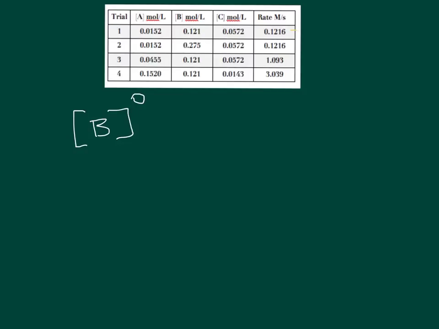In fact, if we examine the rates in trials 1 and 3 a little more carefully, we can see that the rate has gone up by approximately times 9. Since the concentration of A has tripled and the rate has gone up by a factor of 9, whatever we do to the concentration of A, we do the same thing squared to the rate of the reaction. Therefore, the reaction is second order with respect to A.